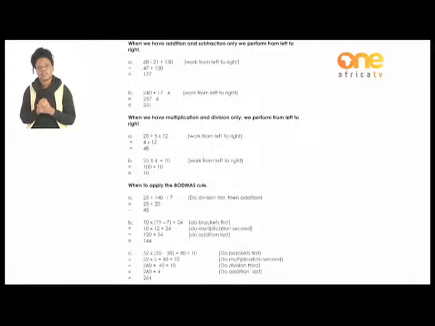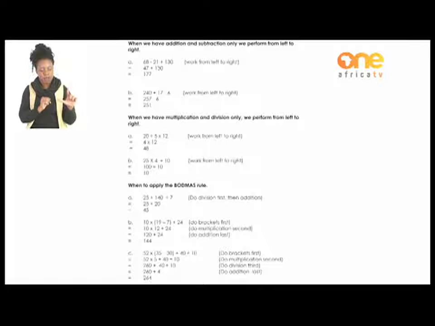We will also see one thing, boys and girls. We do each step of the BODMAS separately. Let's try example B: 25 times 4 divided by 10. Here the multiplication is first, so we work from left to right.